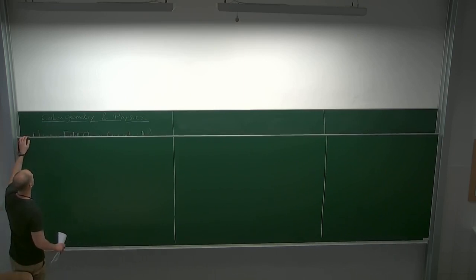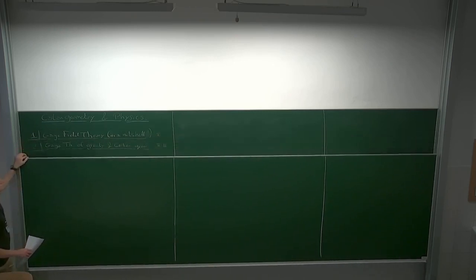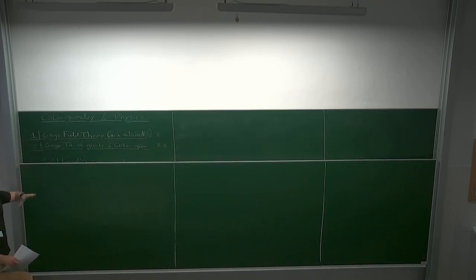Right? So I can give the answer right away, and you can leave if you want. So the answer is gravity, right? And the gauge structure of gravity. So for this, the lecture will be divided in two broad parts.